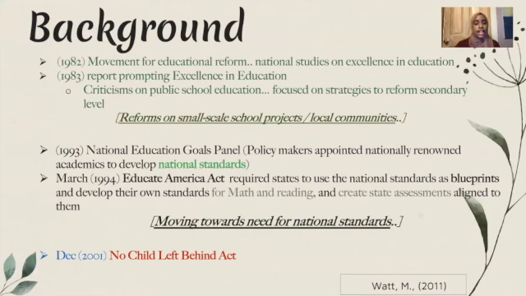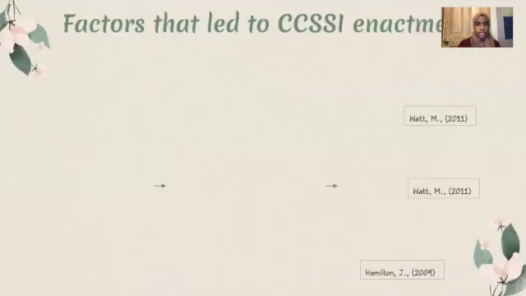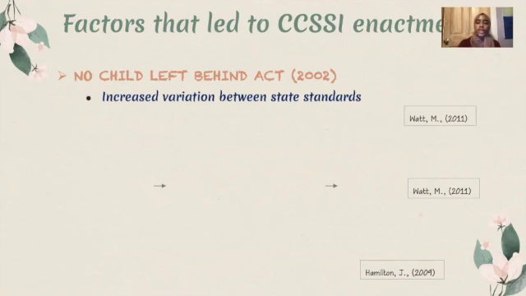Now, this act had a huge impact on where we stand today with the Common Core State Standards Initiative, and I want to explain that in the coming slide. So one of the main factors that led to this initiative was the No Child Left Behind Act. Why? Because there was increased variation between state standards. Why? Because states were basically free to set independent starting points.